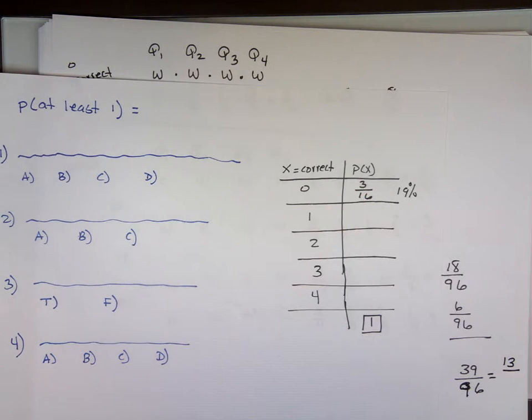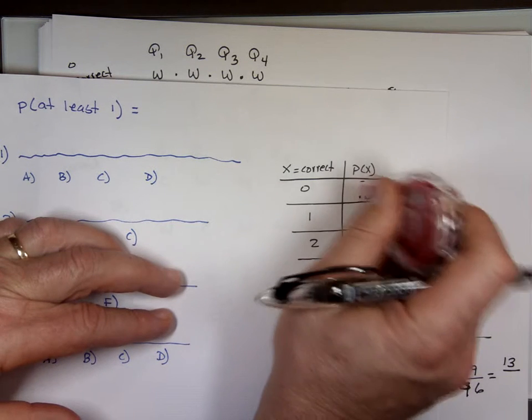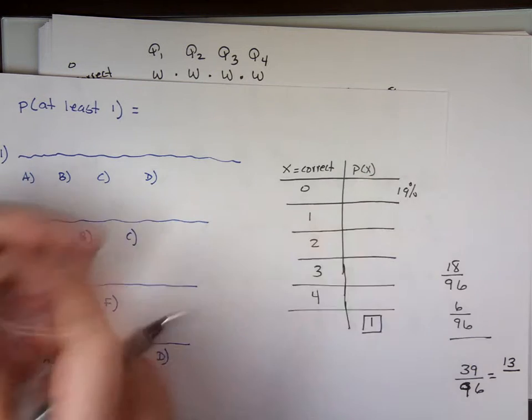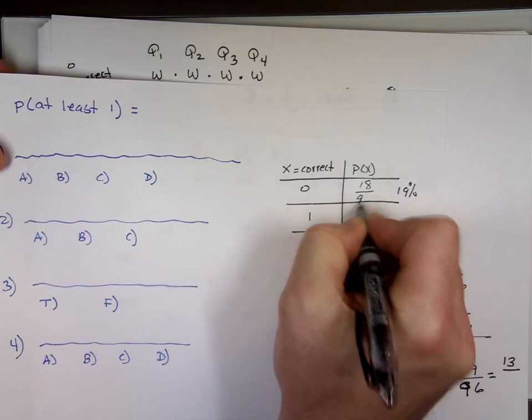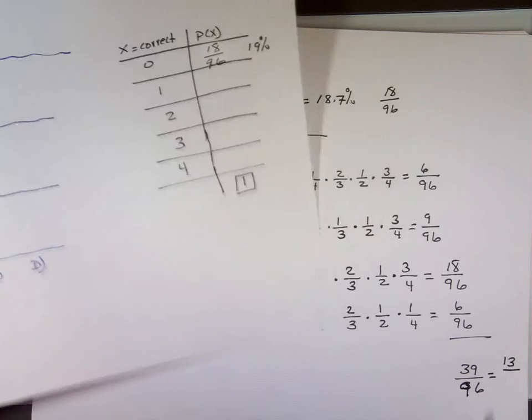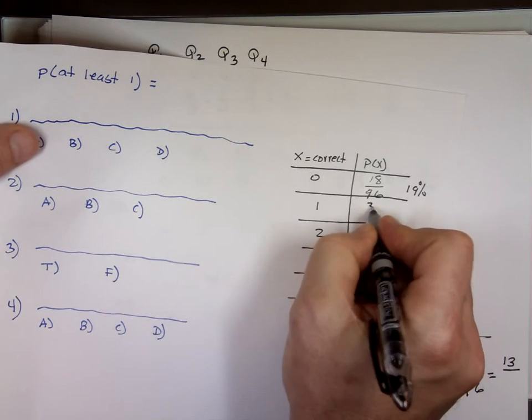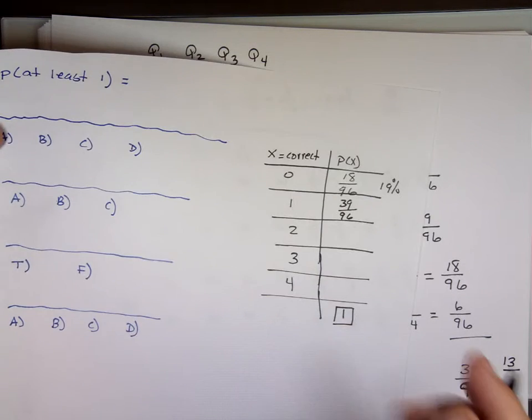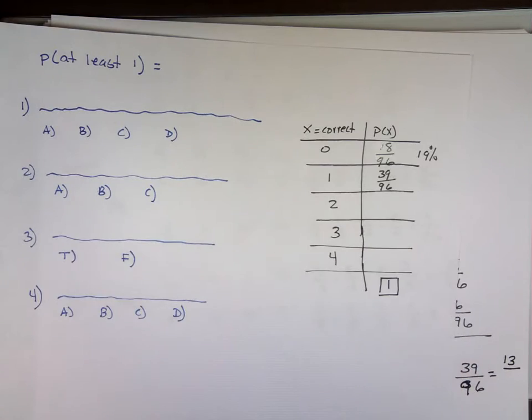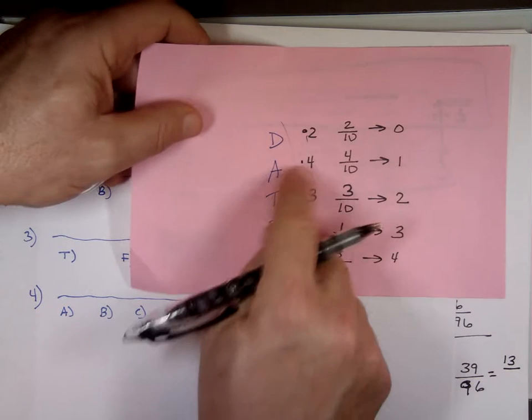I don't want to simplify it, because I'm trying to add them at the end and show you that the sum will be a 1. So it's 18 out of 96, which you can see is almost 19%. This one, 39 over 96. And if you do 39 out of 96, what's that number? 40.6%. 40.6, and what did we get? 40.